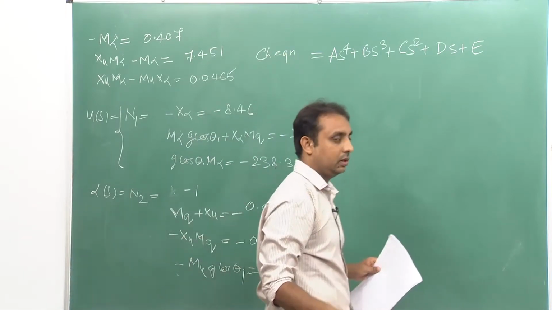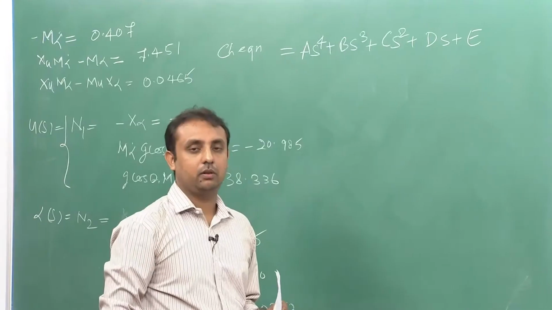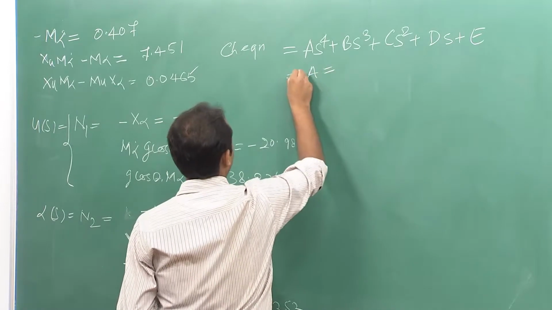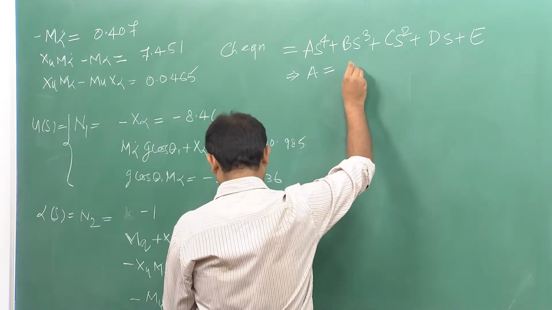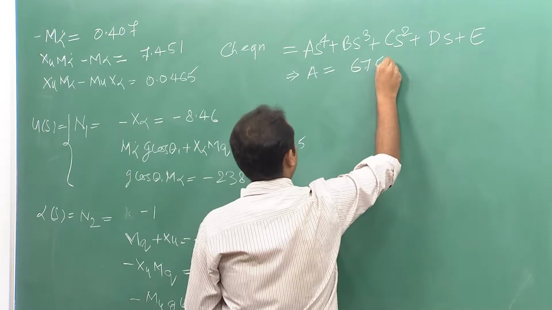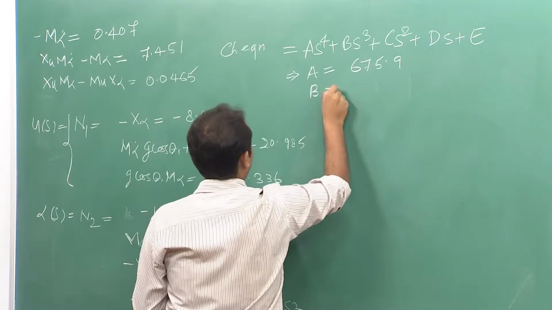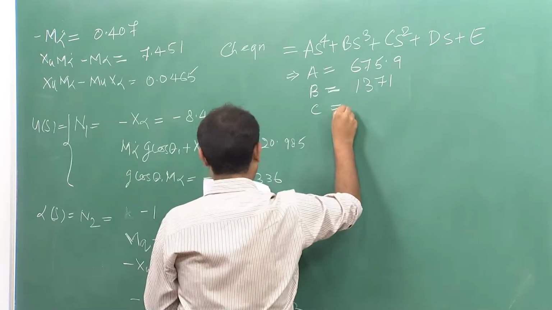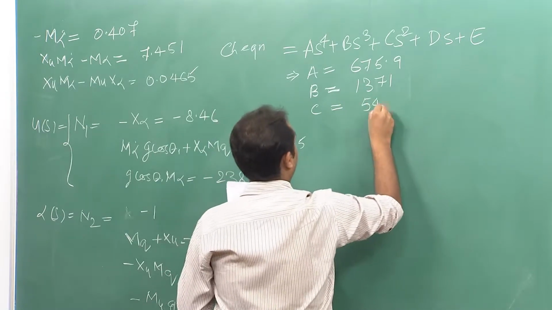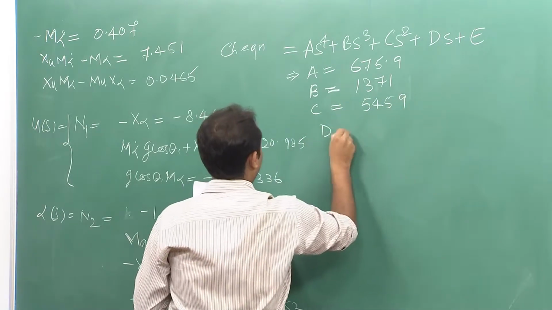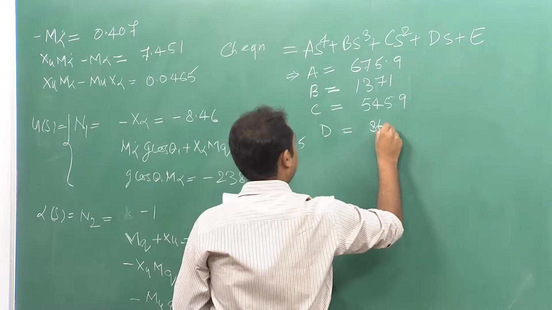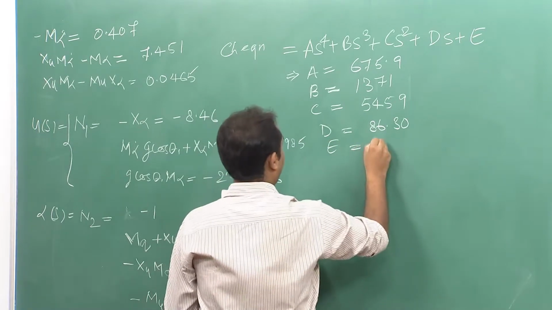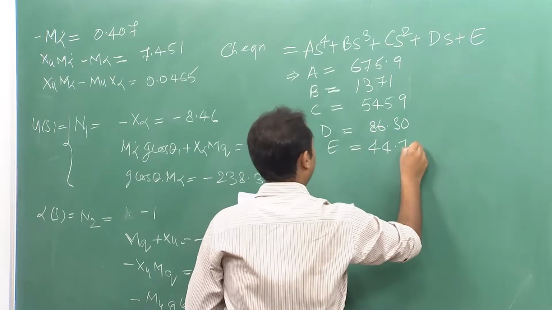Now, substituting the derivatives we have already shared on the forum, the values of a to e will be a equals 675.9, b equals 1371, c equals 5459, d equals 86.30, and e equals 44.78.